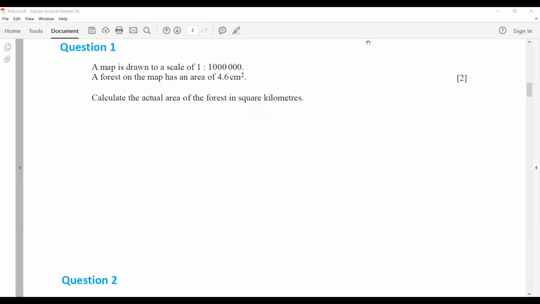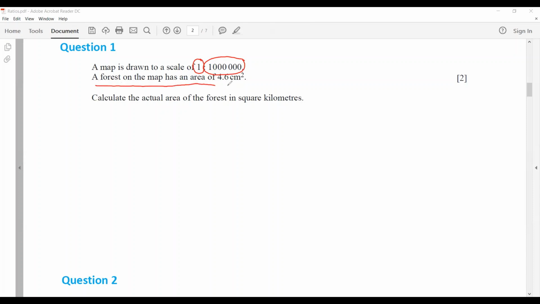We got a map drawn to a scale 1 to 1 million. So what does that really mean? It means if you move 1 cm on the map, in reality, you're moving 1 million cm. This is the map of the forest.